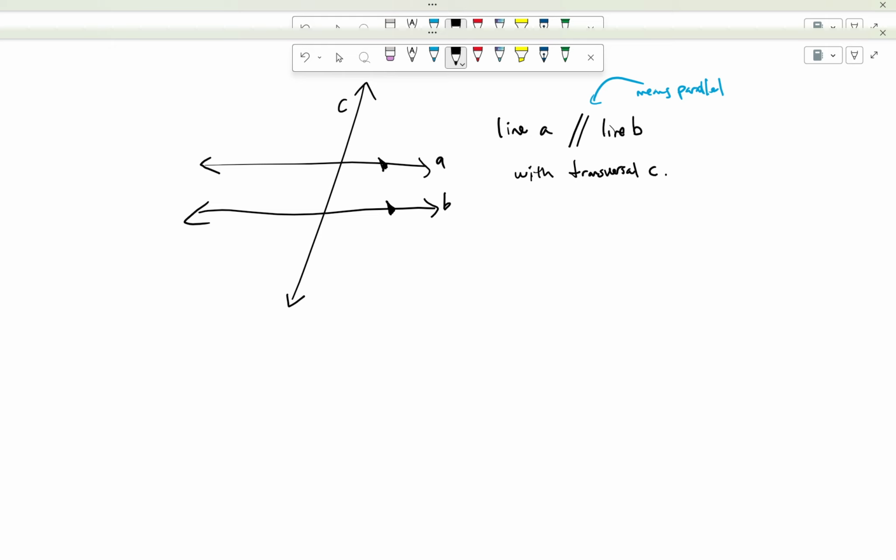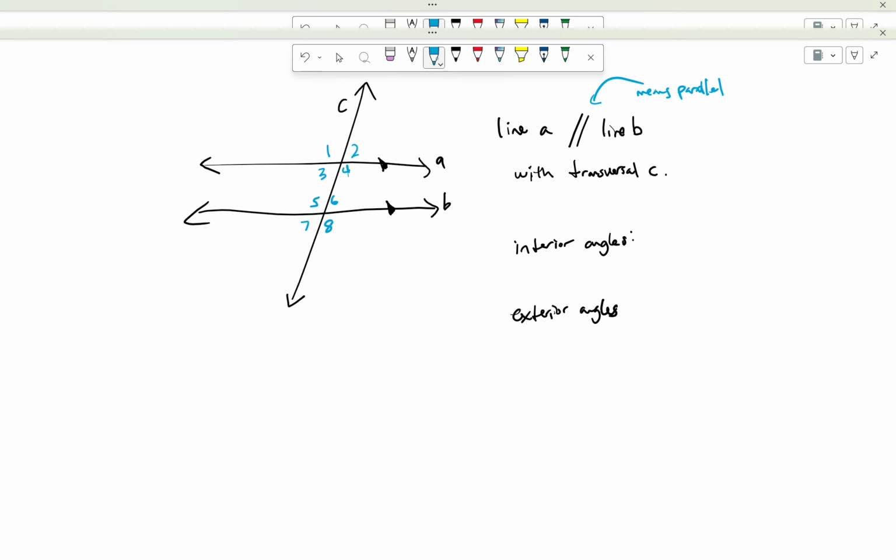So, first of all, let's talk about what the interior angles are versus the exterior angles. All right, and I'm going to number these angles. You guys ready? 1, 2, 3, 4, 5, 6, 7, and 8.